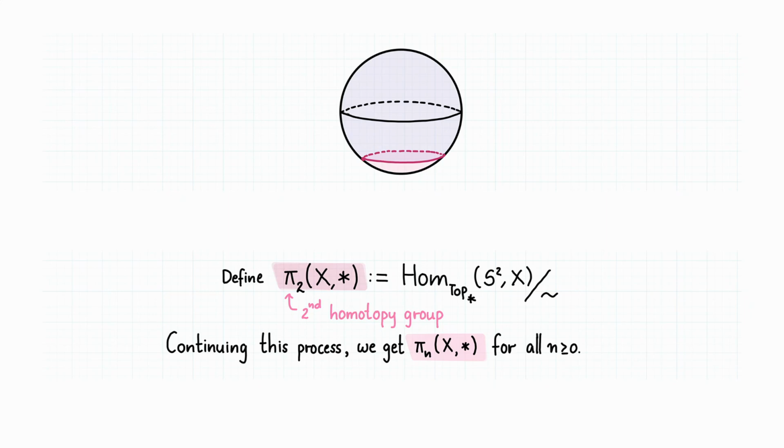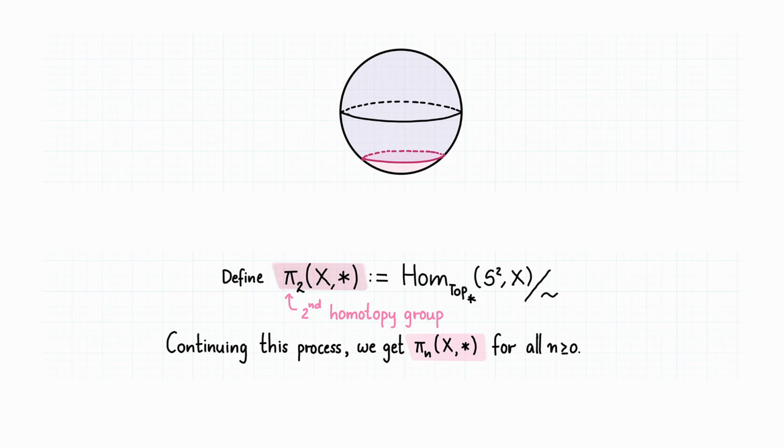You can ask if a continuous map from X to Y can be deformed into another continuous map from X to Y. So again, we're doing the same thing here. The second homotopy group is given by the maps from S2 to X up to homotopy.